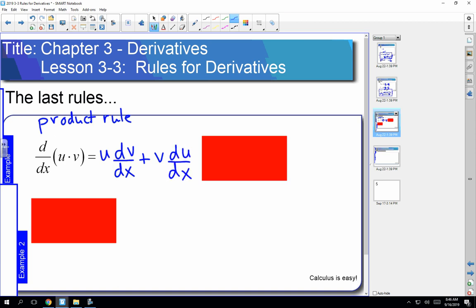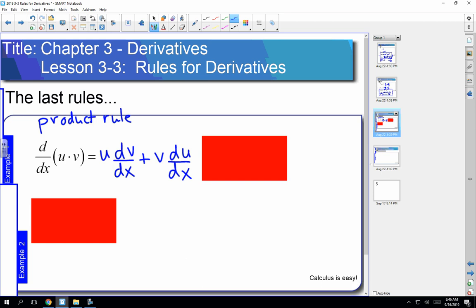It turns out with the product rule, because of the summation there and the commutative property of addition, it doesn't matter which order you do that in. So what you're essentially doing is taking the derivative of one of the two functions times the other function just as it is, plus the derivative of the other function times the one left, just as it is. It doesn't matter on the order.